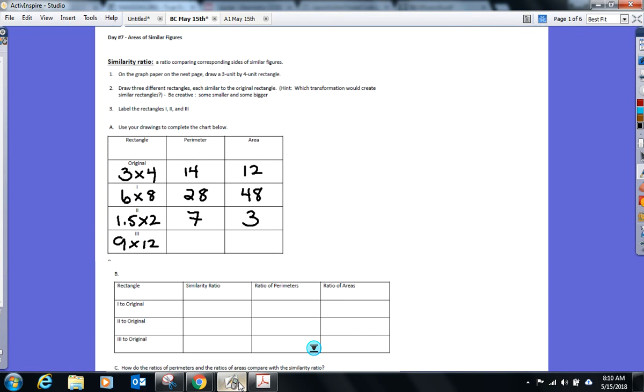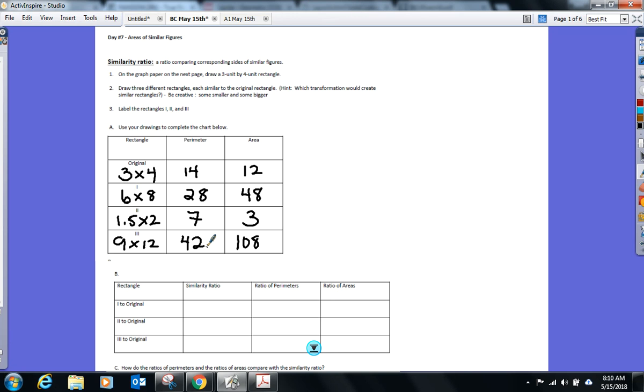What is it? Yeah. Everyone agrees all 4 rectangles are similar.